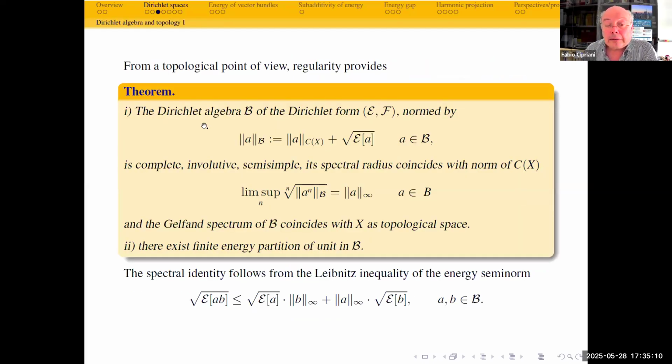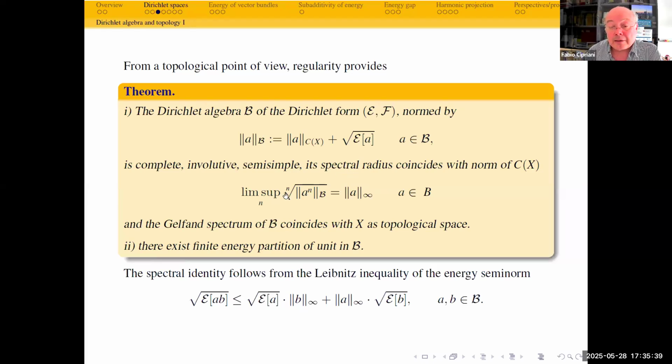And in one of the papers I showed you at the beginning, we proved that the Dirichlet algebra, when endowed with this natural norm, which is the sum of the uniform norm plus the energy semi-norm, is complete, is involutive, and is semi-simple.